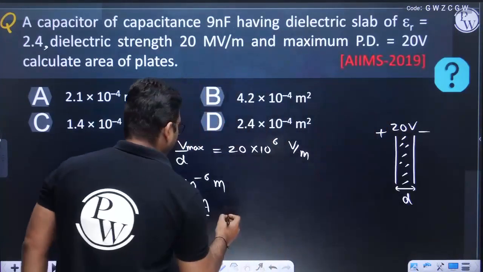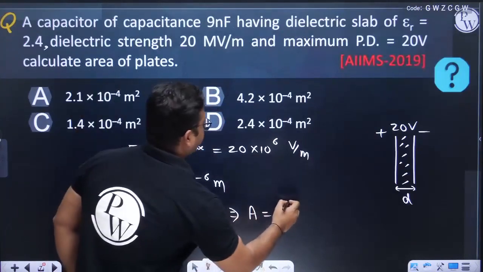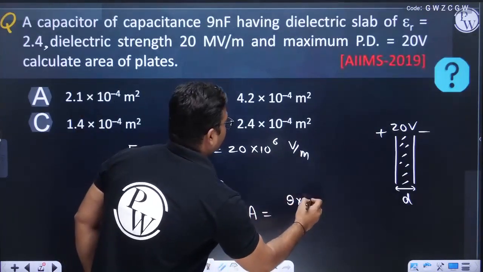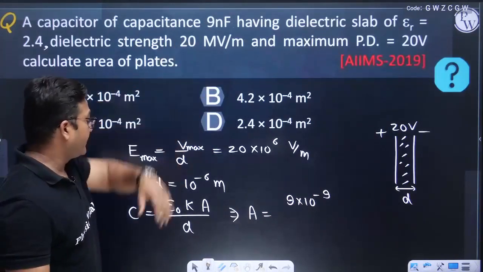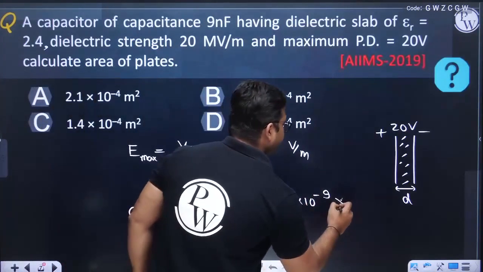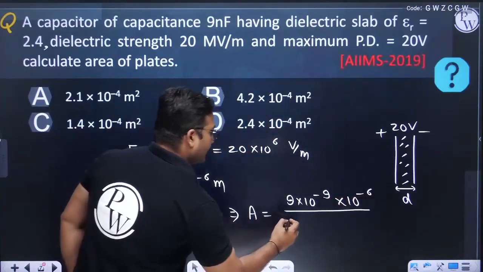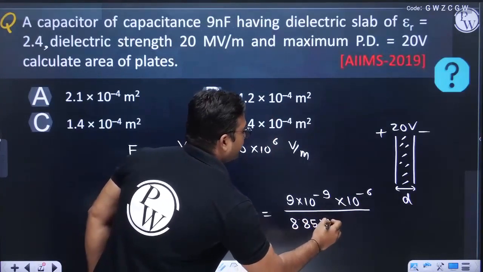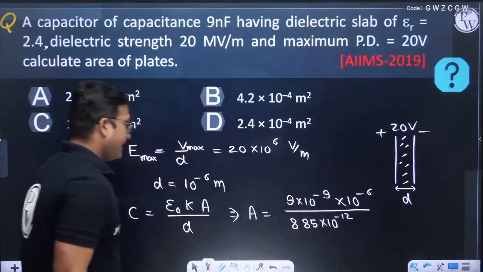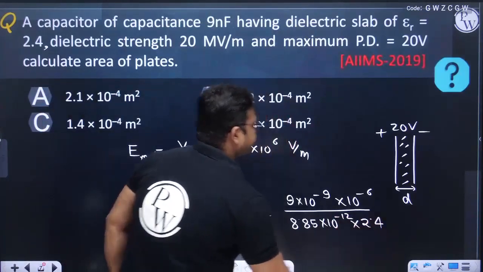So the area will be equal to C, that is 9 times 10 to the power minus 9, because C is 9 nanofarad, multiplied by D, which is 10 to the power minus 6, divided by epsilon naught, which is 8.85 times 10 to the power minus 12, and K is 2.4.